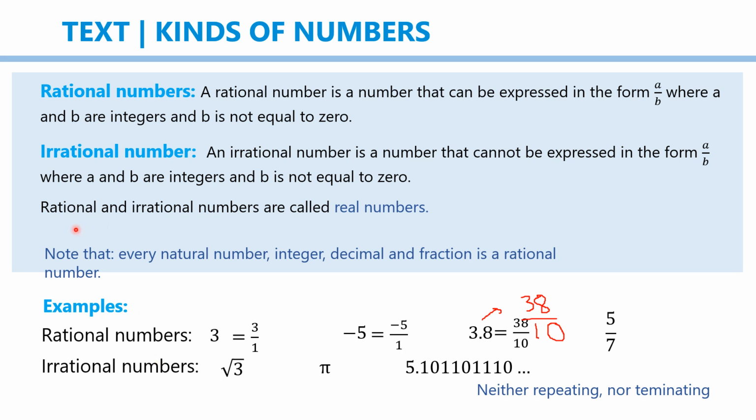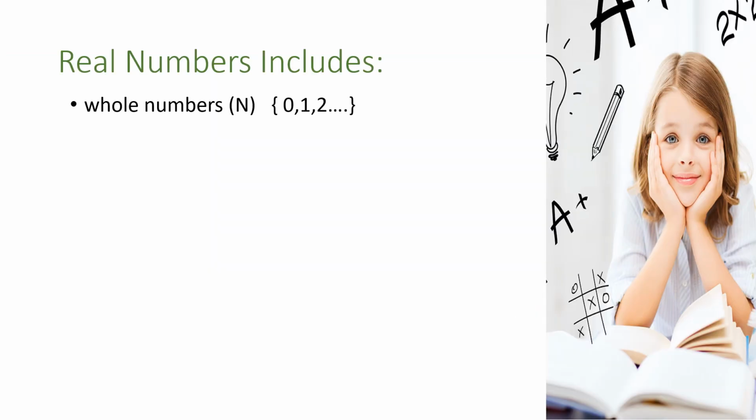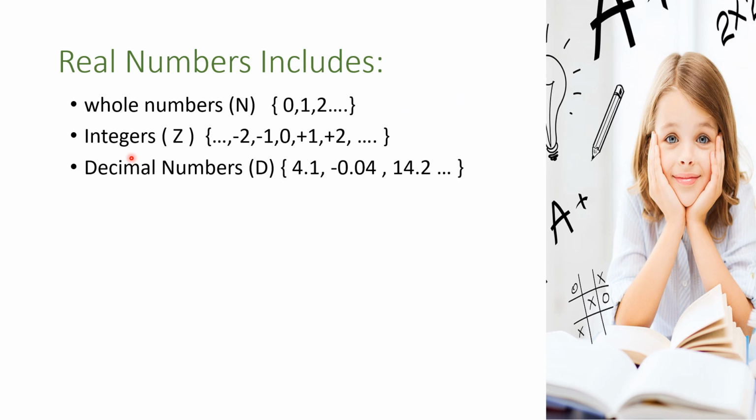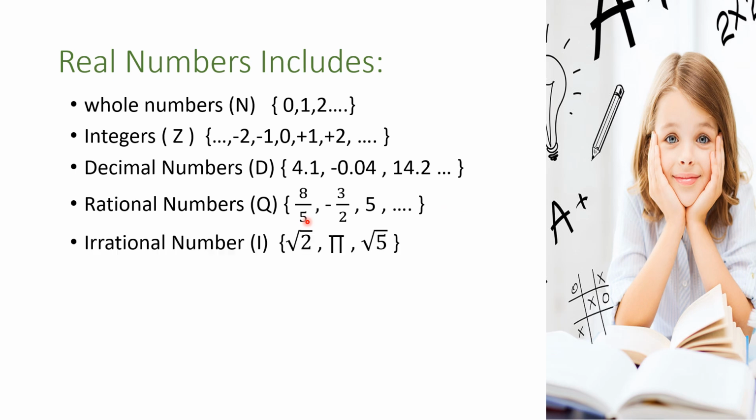So rational numbers and irrational numbers are called real numbers. Real numbers include, this is the biggest box, whole numbers and natural numbers, integers, decimal numbers that have a decimal point, rational numbers, the numbers that can be written as a fraction and the decimal part ends, while the irrational numbers cannot be written as a fraction, and if they have a decimal point, the decimal part doesn't end.